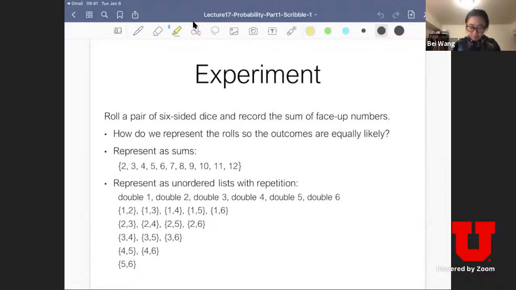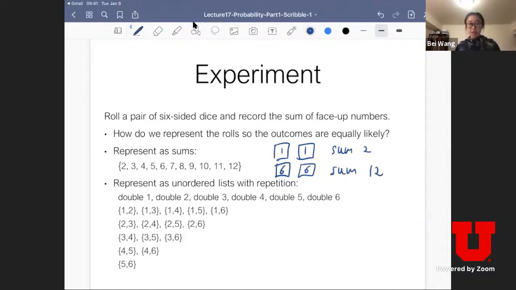When you have 2, that means both dice have 1 on top, so the sum is 2. When you get two 6s, the sum is 12. And you can get sums between 2 and 12.